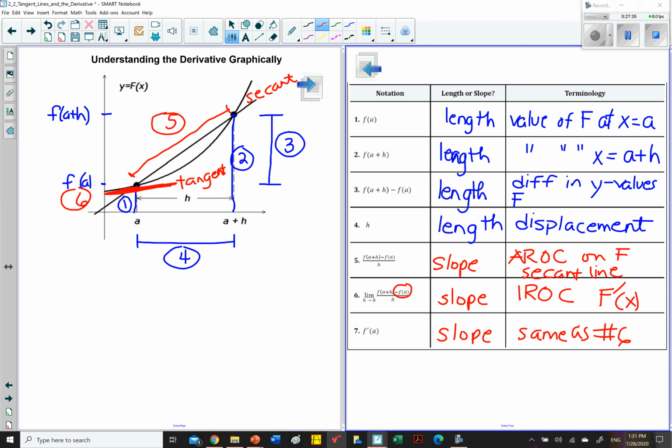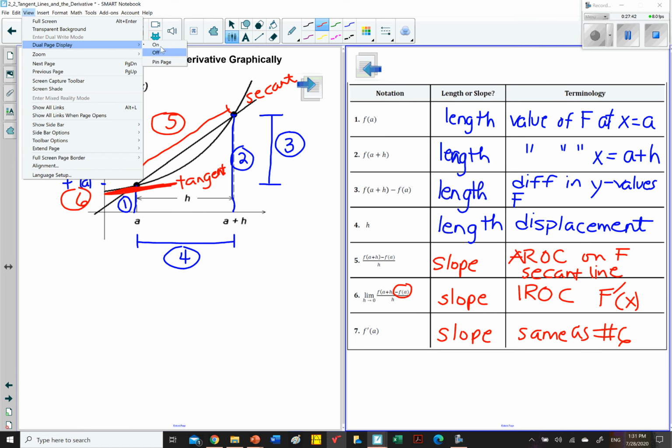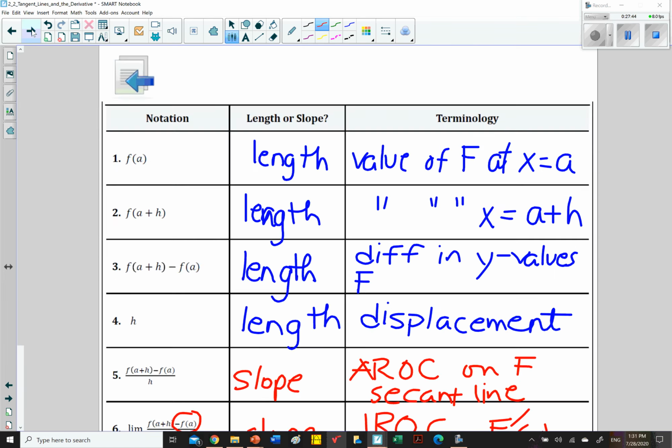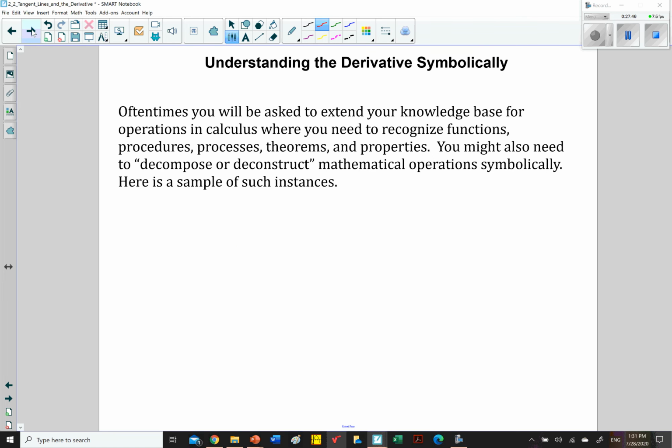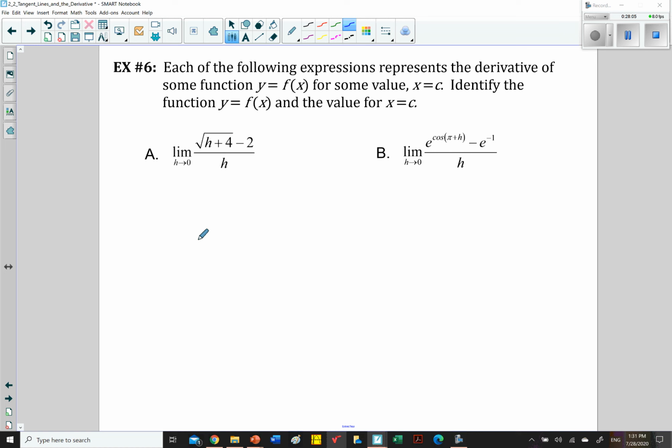And then our last example, we're looking at understanding the derivative symbolically. So if I can get to that page, turn off this dual slope thing. Okay. Oftentimes we're going to be asked to extend our knowledge for operations where we need to recognize functions, procedures, processes, theorems, and properties. You might need to decompose or deconstruct operations symbolically, and here's some examples of that.